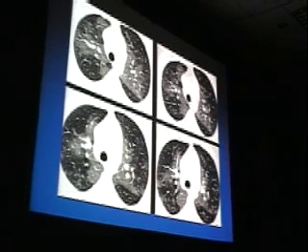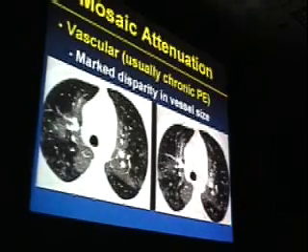The differential diagnosis for a mosaic perfusion pattern is relatively limited. You're primarily dealing with a vascular disease, occlusive vascular disease in the pulmonary circulation, or occlusive small airways disease, or obliterative bronchiolitis. Now, when the cause is vascular, we will typically see 2 things.